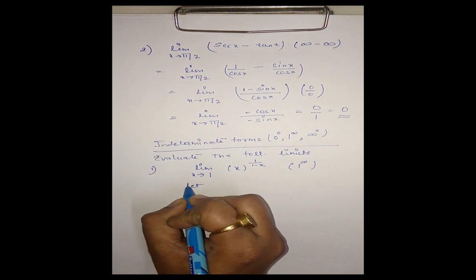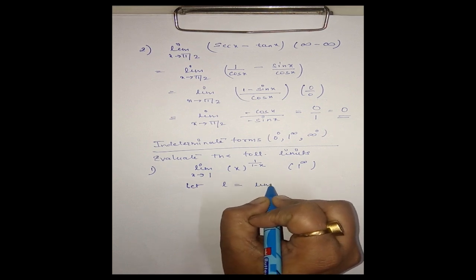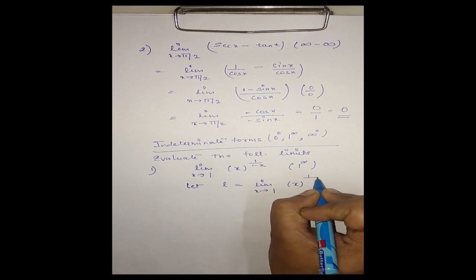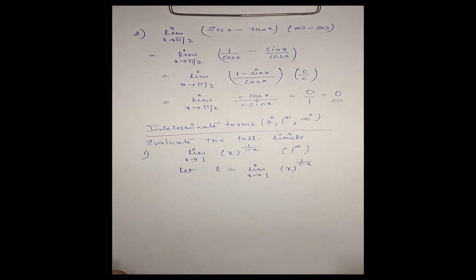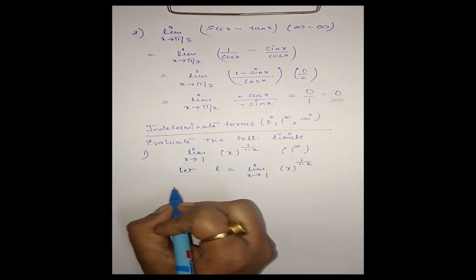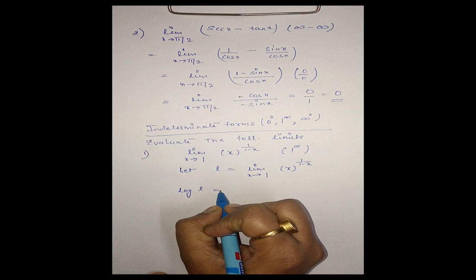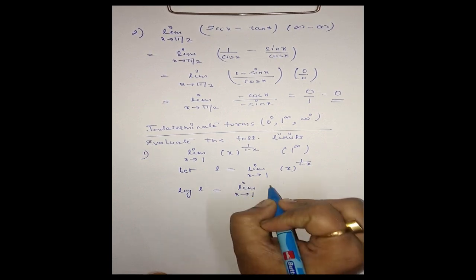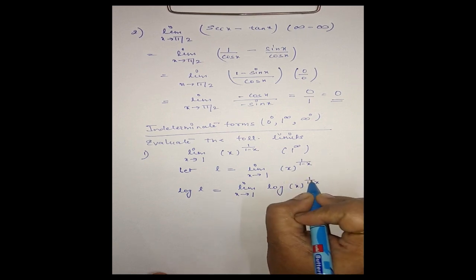Now here we take let L to be equal to limit x tending to 1, x power 1 upon 1 minus x. Okay. Now taking log both sides, log L is equal to limit x tending to 1, log x power 1 upon 1 minus x.